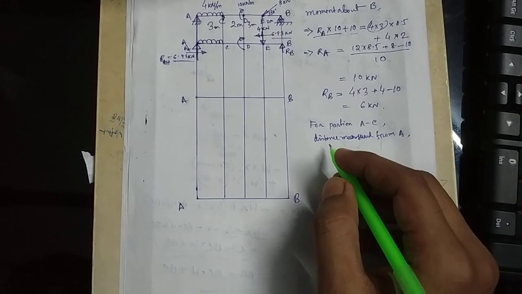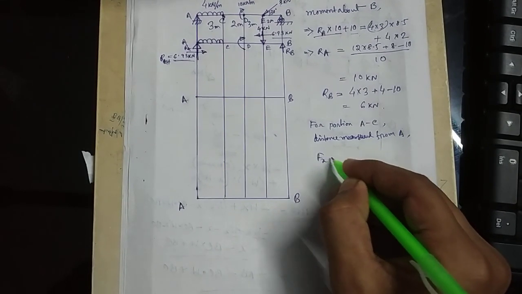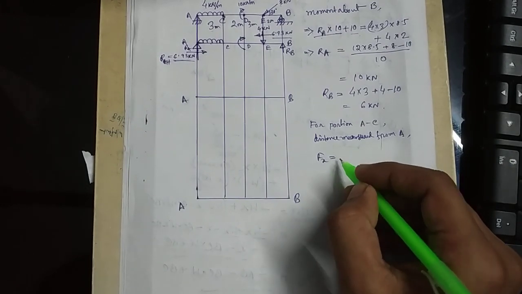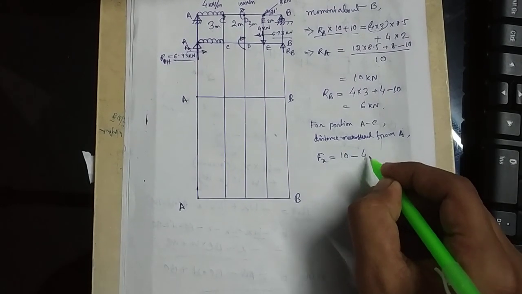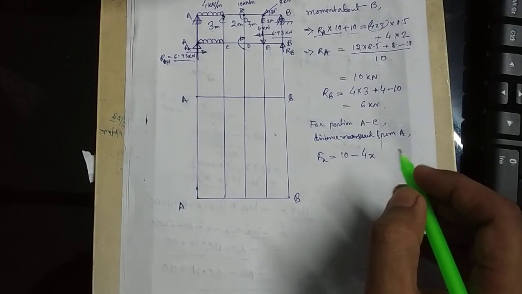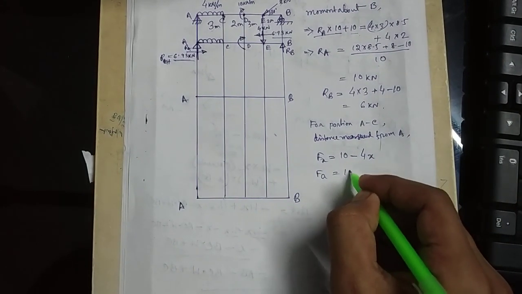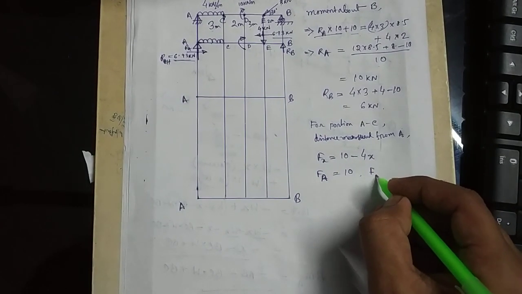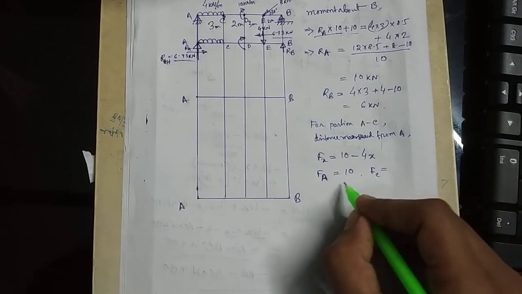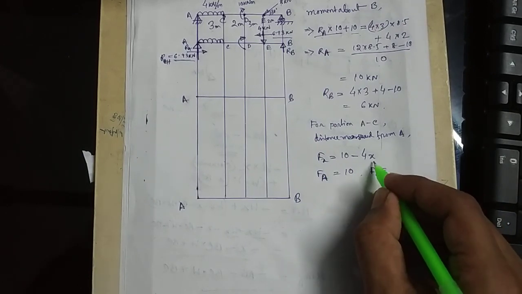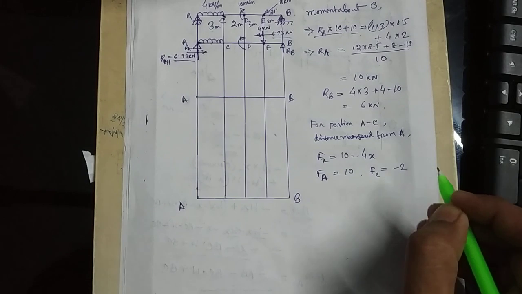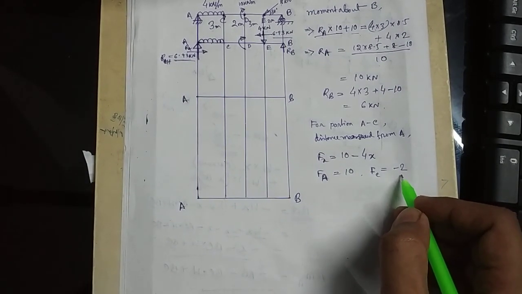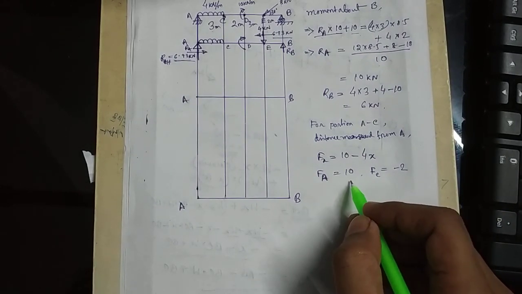So for portion AC, for any section XX at a distance X from A, Fx will be equal to 10 minus 4 into X. So FA will be equal to 10 and FC will be equal to 10 minus 4 into 3, that is minus 2. So at C the shear force is minus 2 kN, at A the shear force is 10 kN.